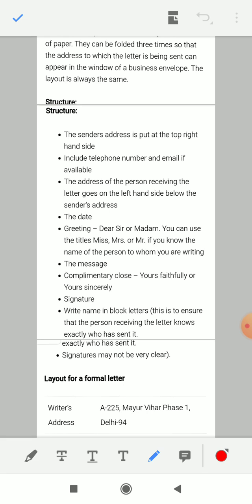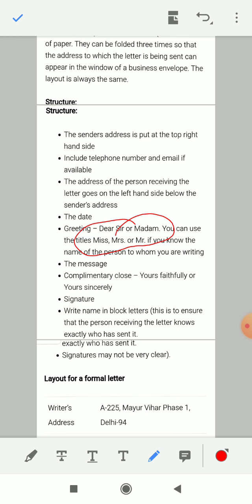Next, the address of the person receiving the letter, the person to whom you are writing, is to be written. The next is the date. Then the greeting: dear sir, dear principal, dear ma'am. Such greetings have to be written.